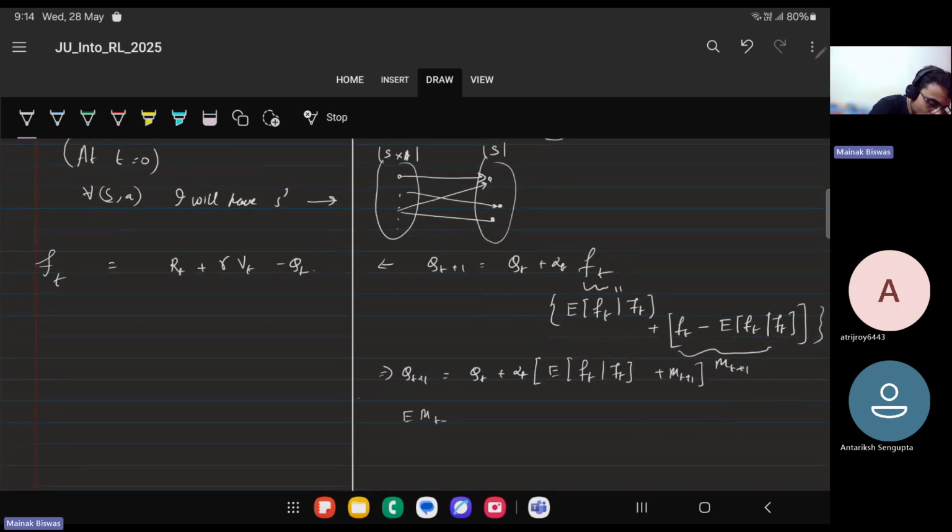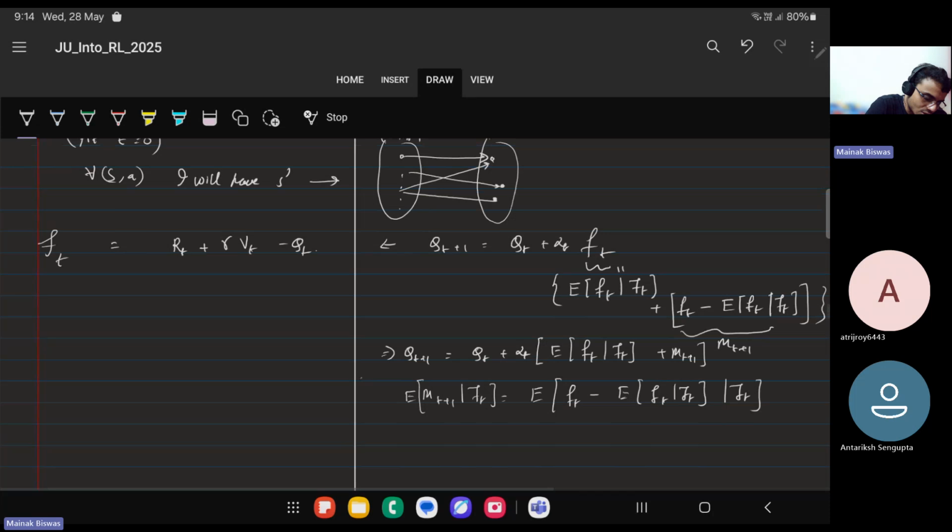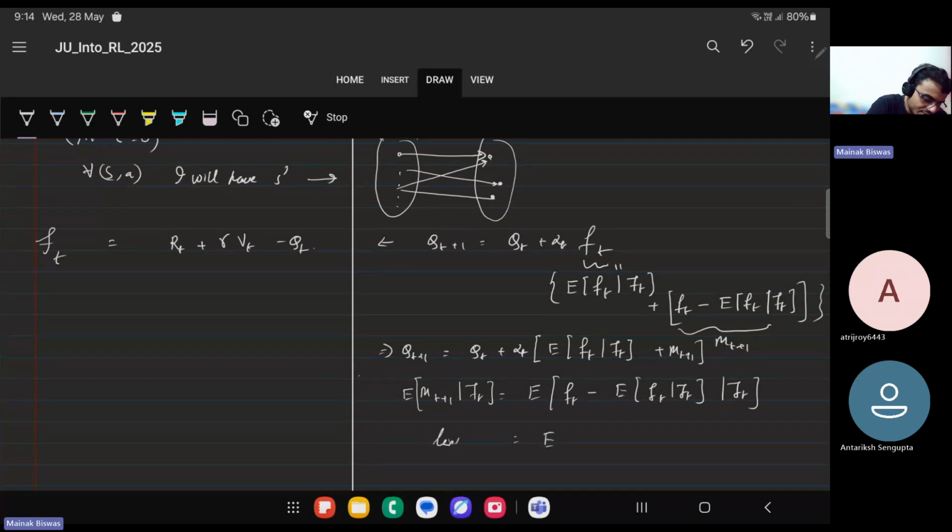The expected value of M_{t+1} given the history is equal to what? Tell me. The expected value of f_t. We have done this again and again, so this is just a one-liner. By linearity, it is the expected value of f_t given F_t minus the expected value of f_t given F_t, because this is a constant given F_t.